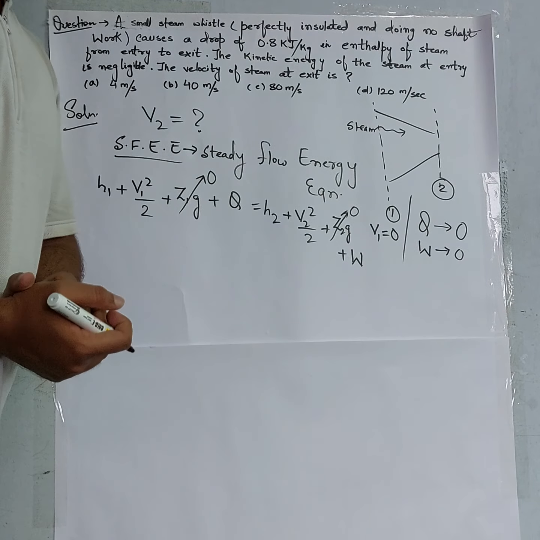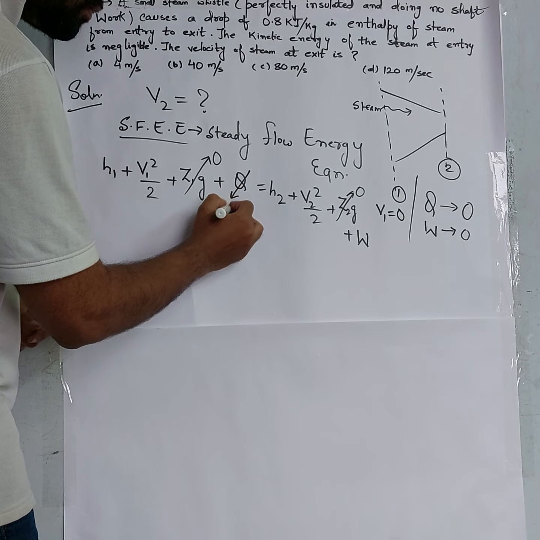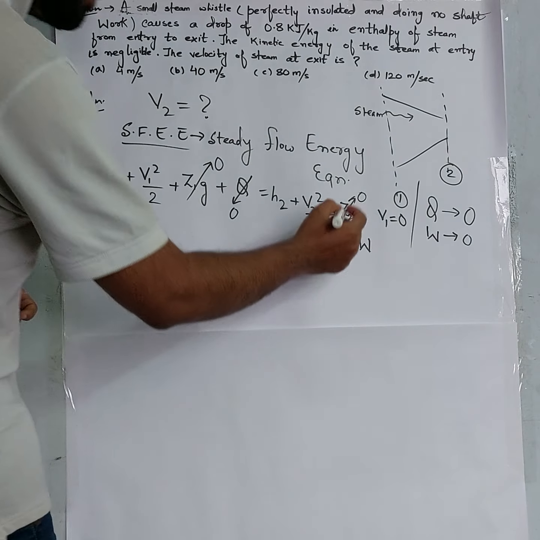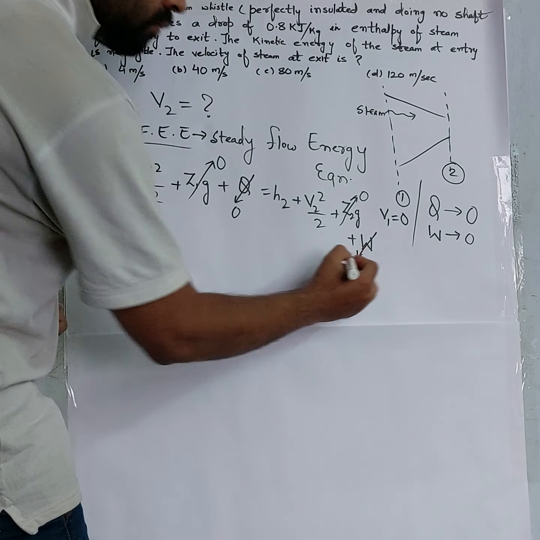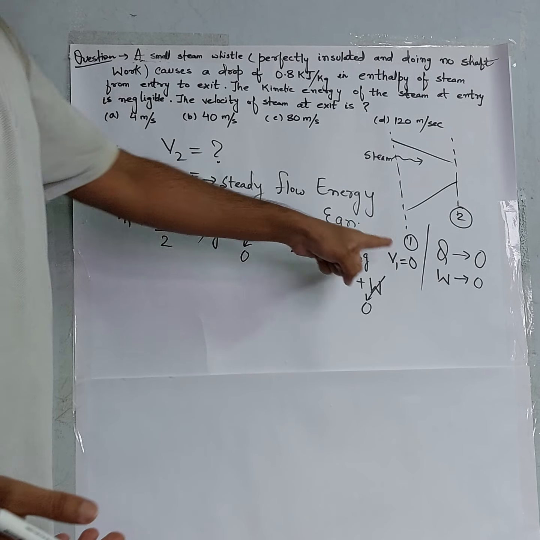Q is 0 because the vessel is insulated, so this also becomes 0. W is 0, so this also becomes 0. Now all the things have vanished. One more thing, V1 is also 0.